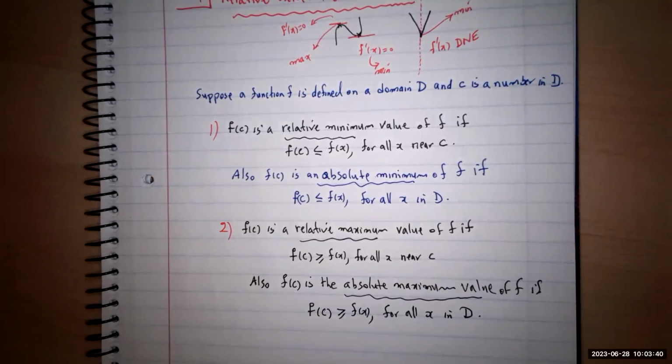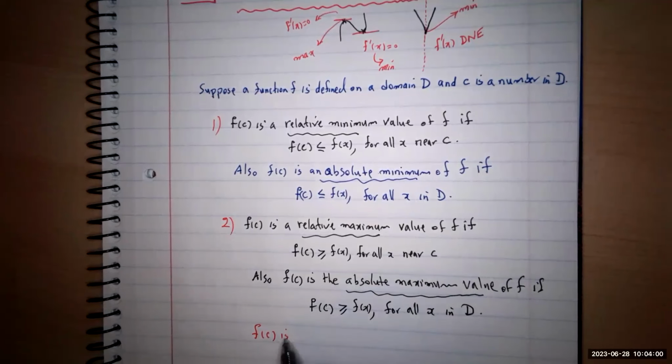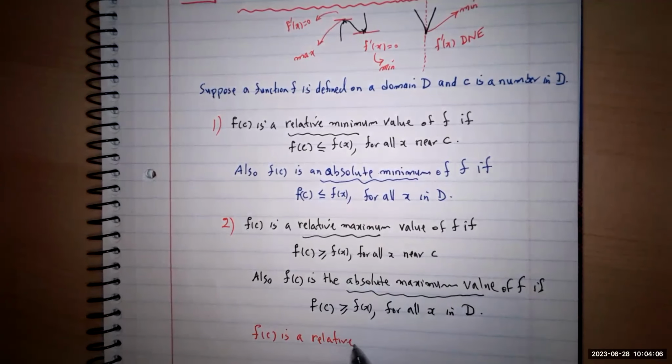That's a relative maximum, relative minimum. Sometimes when we don't know which one it is, but we know that it's going to be one of them, we use this expression. So from now on, sometimes we say that f of c is going to be a relative extremum.